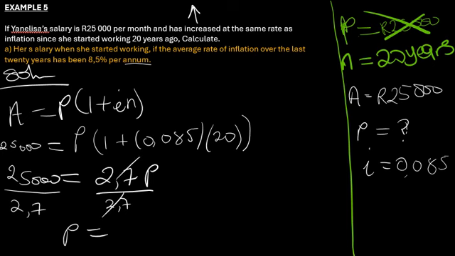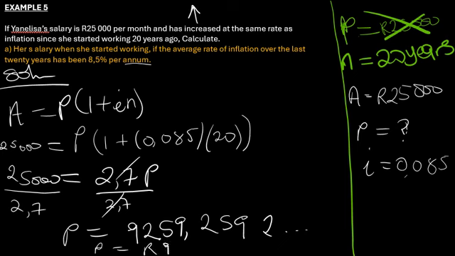Then I get P equal to 25,000 divided by 2.7. I get P equal to 9,259.26. Therefore P is equal to 9,259 rand 26 cents.